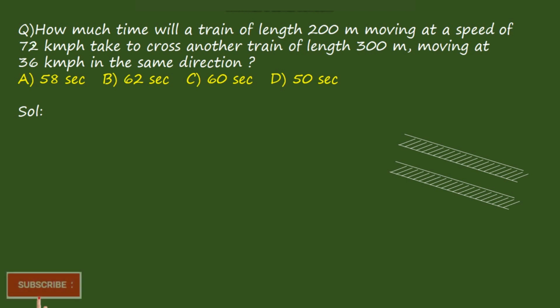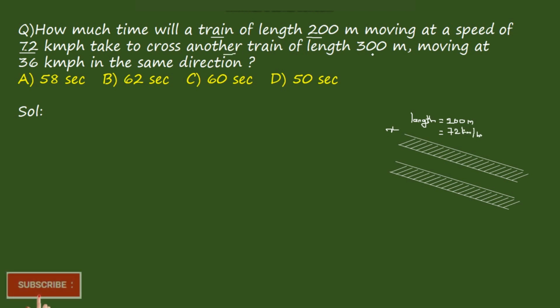They are saying that there is a train of length 200 meters and speed 72 kilometers per hour. Consider train x, whose length is given as 200 meters and its speed is 72 kilometers per hour.